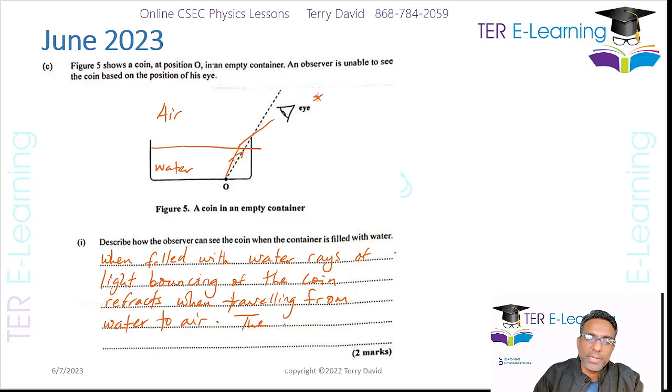So the rays, or the ray, enters the eye. This is only 2 marks. So the key thing that they're looking for here is really refraction.